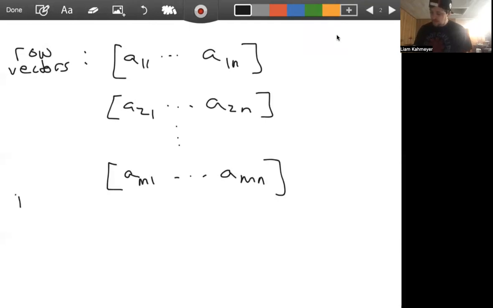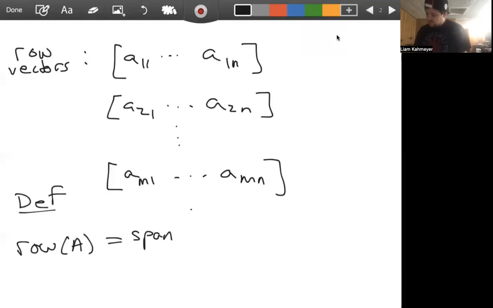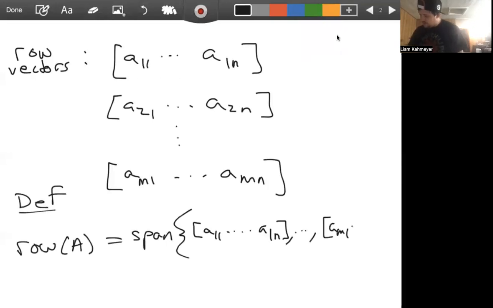And then the row space of your matrix, row A, is going to be defined to be the span of those vectors. So the span of A11 through A1n, et cetera, AM1 through AMN. All these vectors span the row space.